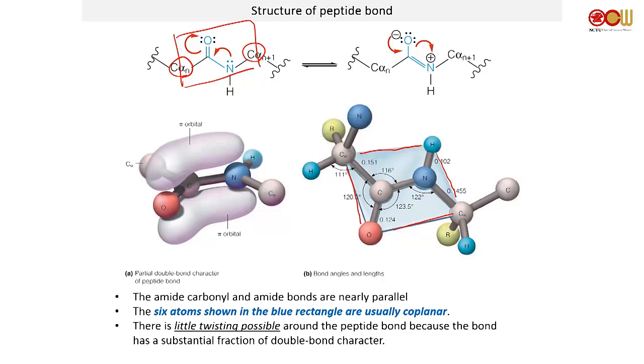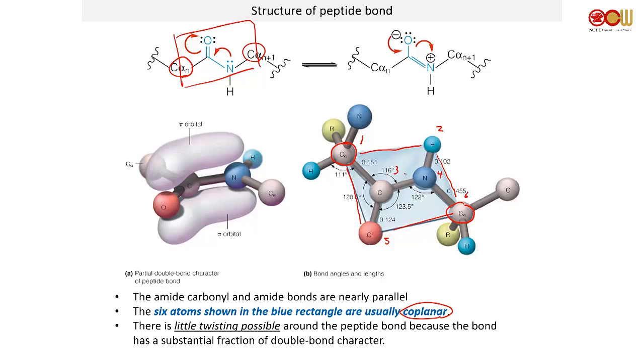They are the diagonals of a particular plane. The 6 atoms on this plane, 1, 2, 3, 4, 5, 6, are essentially coplanar.